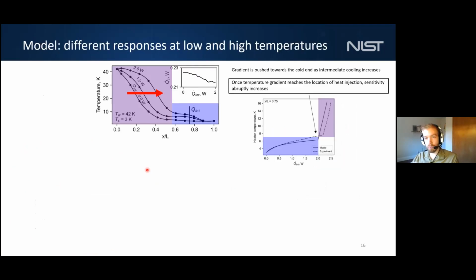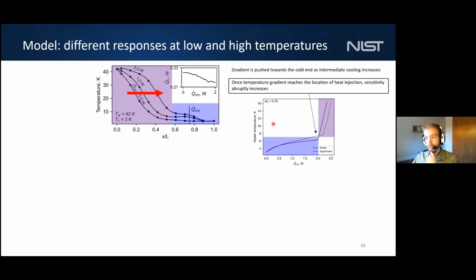So I'm just going to briefly explain how the model works. At the top middle here, I'm showing the data for how the temperature profile changes as we apply intermediate heat. And in general, what we see is that this temperature profile is translating towards the cold end, the more heat that we apply to the regenerator.